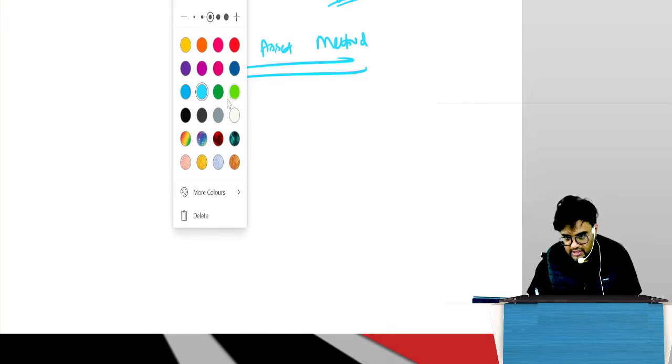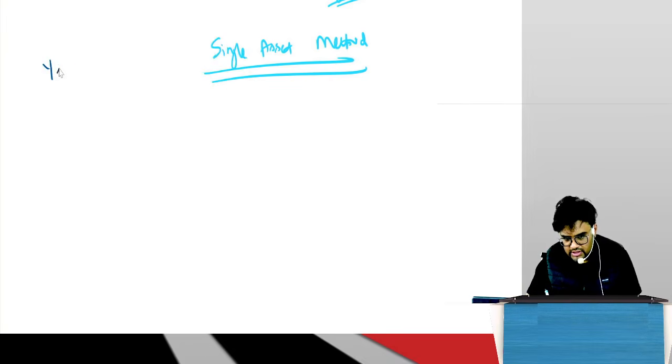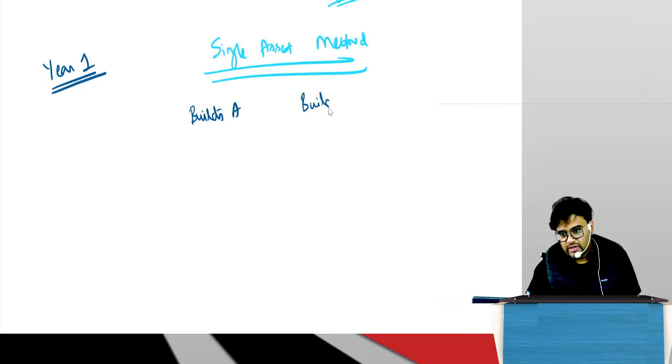Let's take year number 1. I thought I'll ask you to stop, but I think you can write down, no problem, because it's easy. Year number 1. 3 buildings are there.